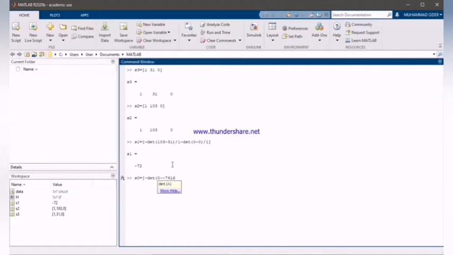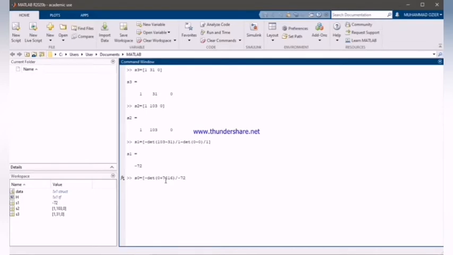But because it's negative and negative, it will be positive. Bracket and divide by negative 62. Oh, sorry. Divide by negative 72.